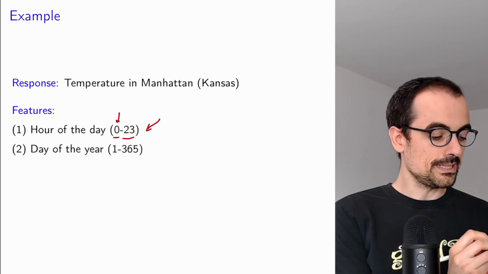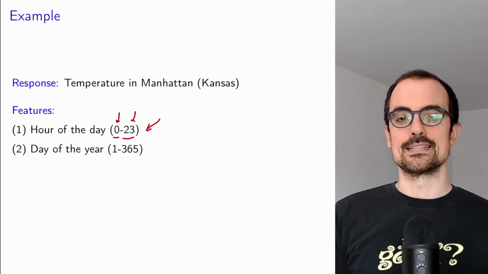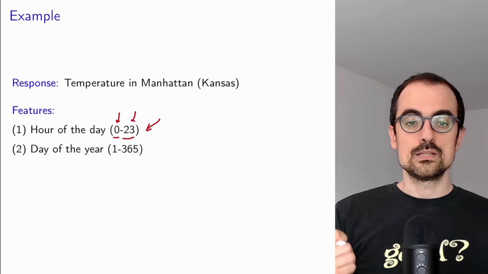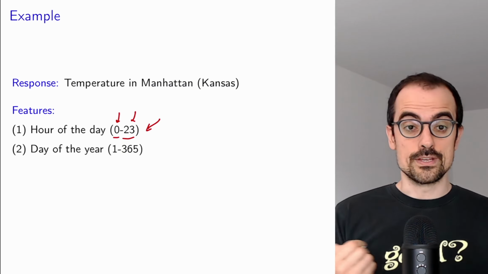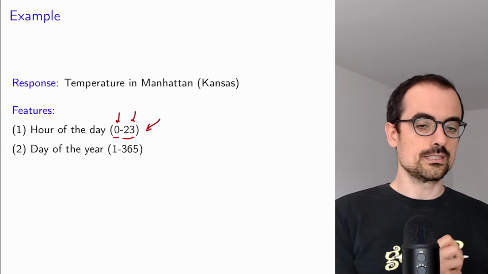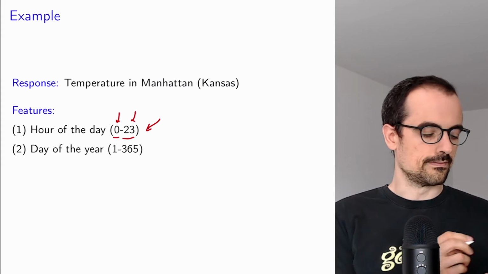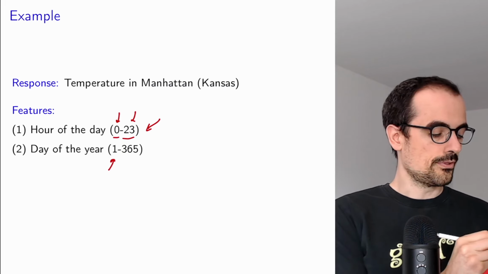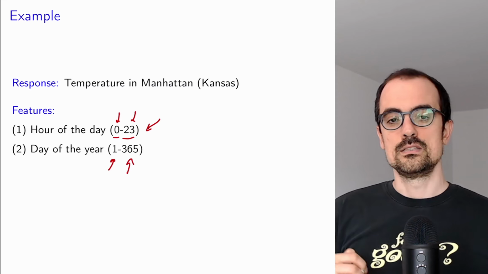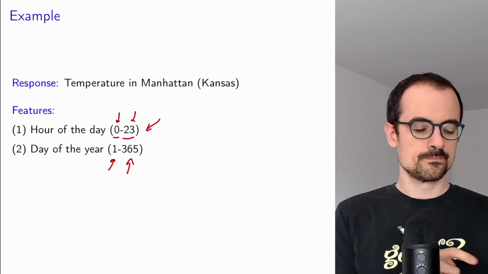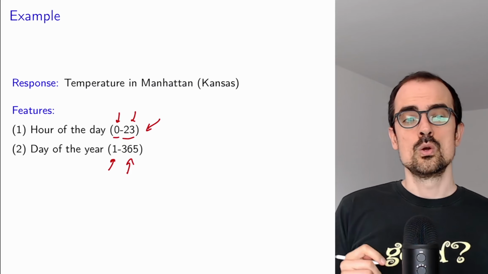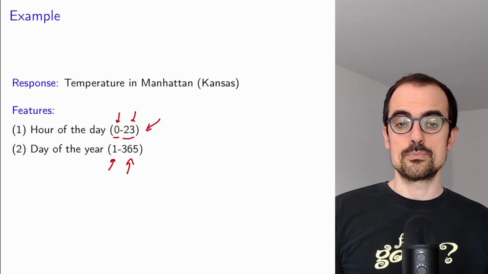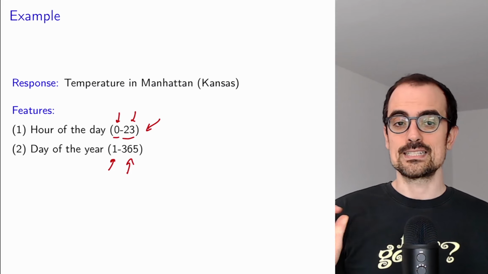So 0 is midnight, 23 is 11 at night. And the other feature is the day of the year, from 1 to 365, where we're going to assume that we don't have a leap year. 1 is January 1st, 365 is December 31st. From these two features, we want to estimate the temperature in Manhattan, Kansas at that time.